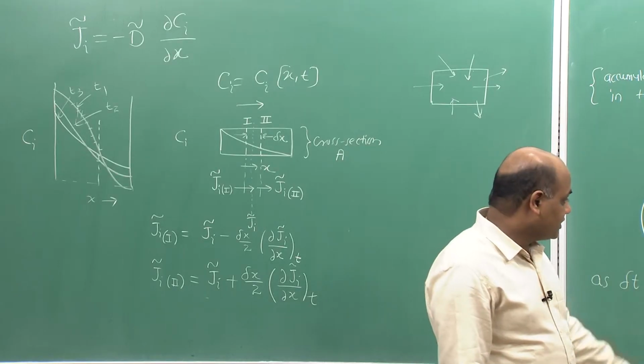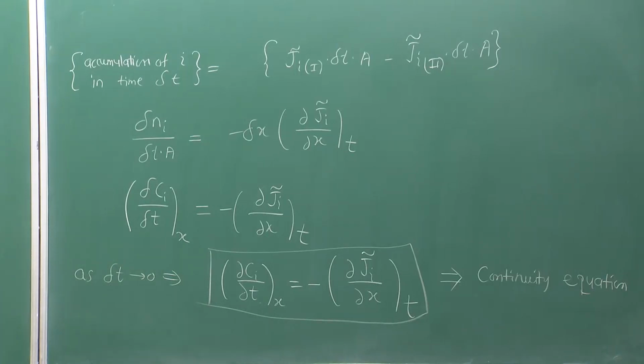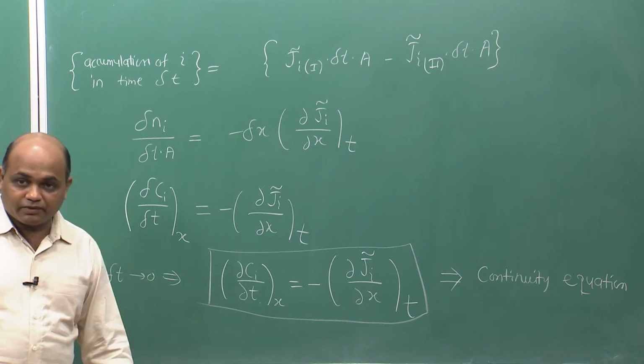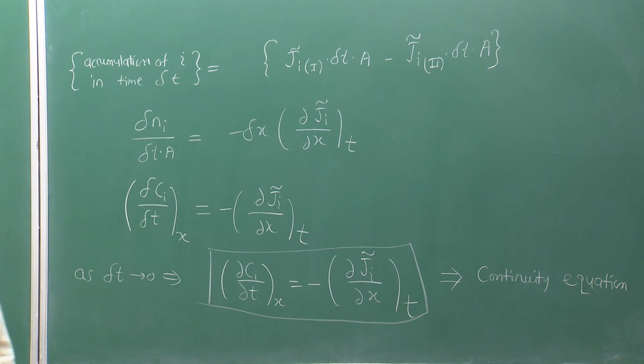So, in that case we need to also consider the rate of production or rate of loss of the particular sites or vacancies. Okay. For now we are assuming that there is no production or loss of species i.